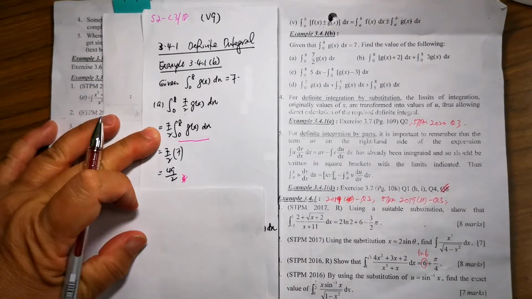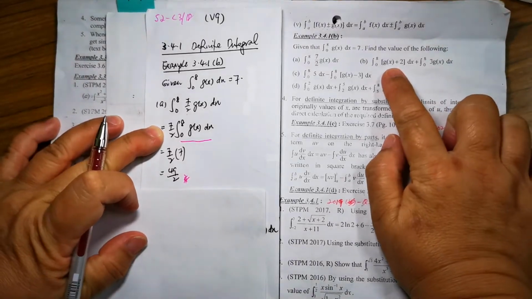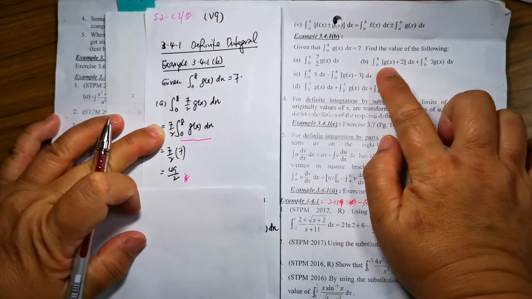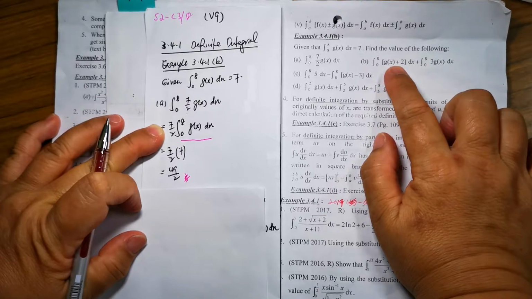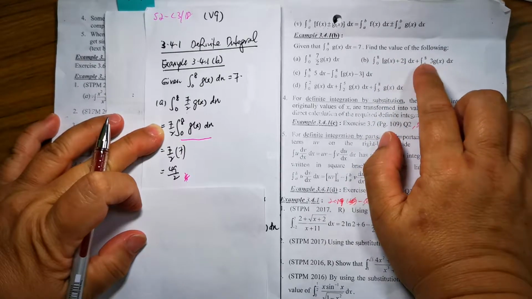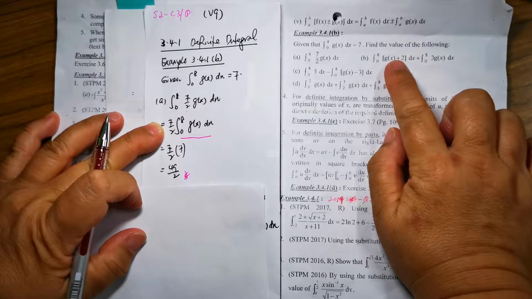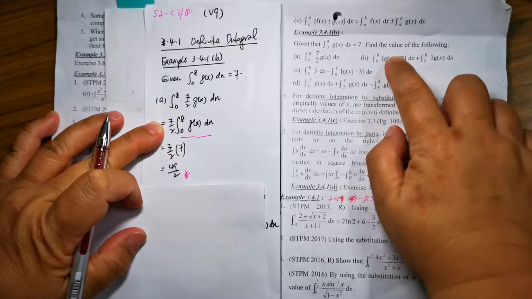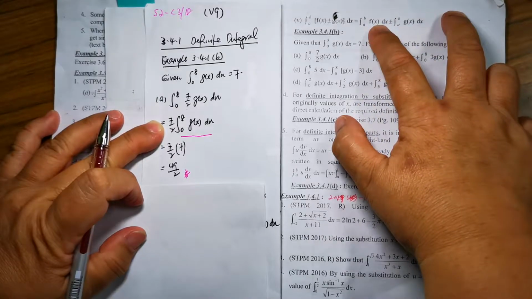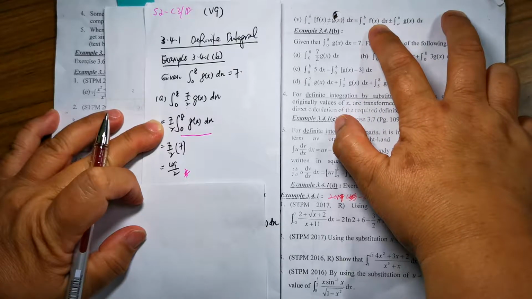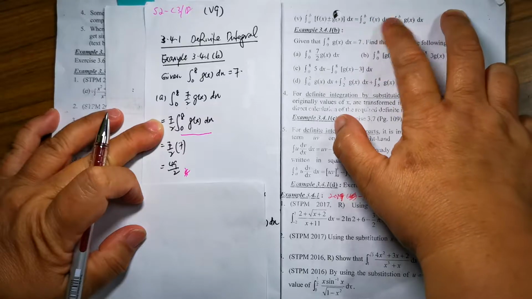Second part, B. This one: integrate from 0 to 8 the function g(x) plus 2 dx, plus integrate 3 g(x) dx. For this part, of course, we are going to use the fifth property, where we are going to split that.